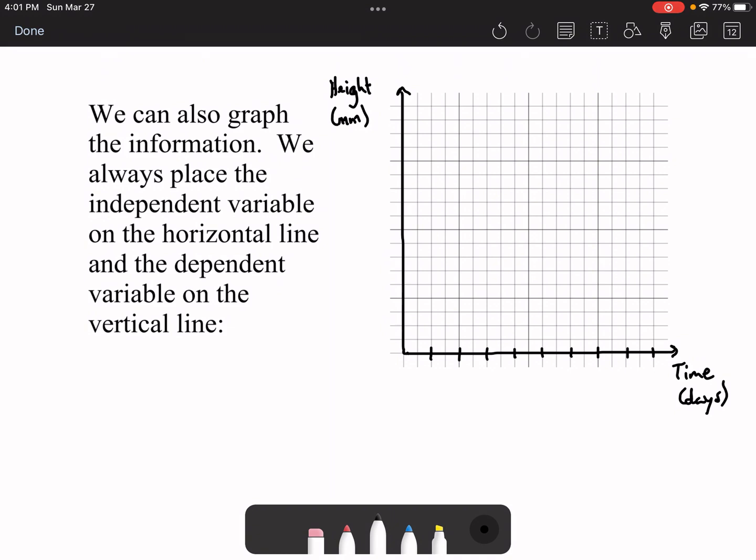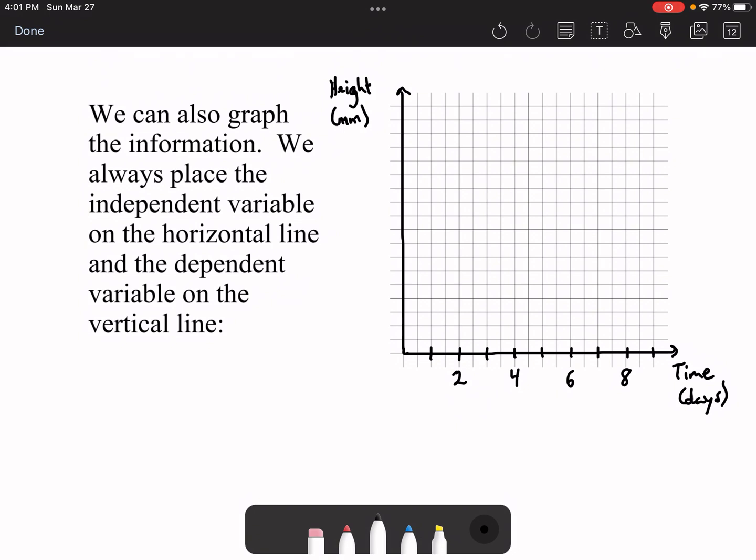So let's say I skip the first one and I write the second one. So the second one represents 2 days. The fourth one is 4 days, and so forth. You are not allowed to skip more spaces and change the numbers. You've got to make sure that the scale goes up on a reasonable scale.